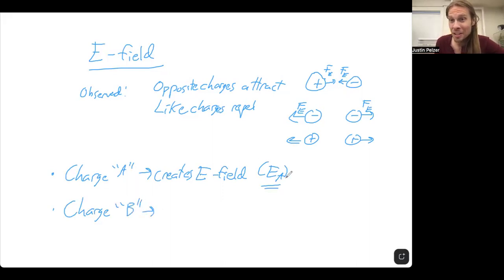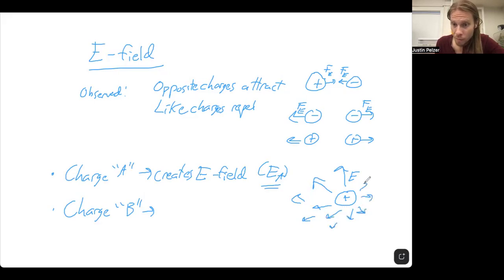Now, this field exists. If there was one charge in the universe, it would create a field that points outward in all directions, that gets weaker with distance. And that field would exist and then do nothing. It would be a meaningless field, just in and of itself, it exists.